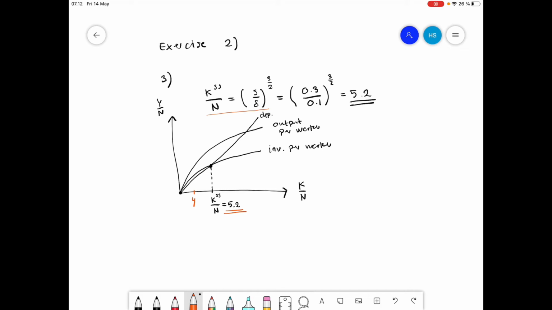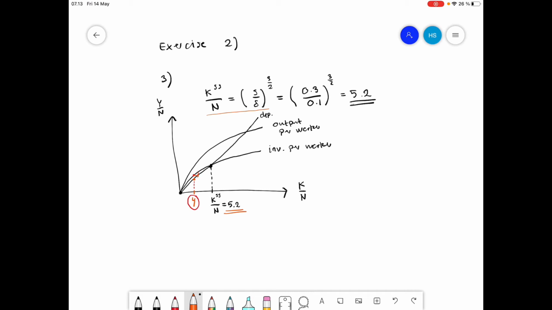Will output increase or decrease over time? So, since in question 2, the capital stock in the previous question was equal to 4, since 4 is below the steady state value, we will have that total investments in per worker terms will exceed the depreciation of capital. That means that we will accumulate a higher stock of capital in per worker terms.